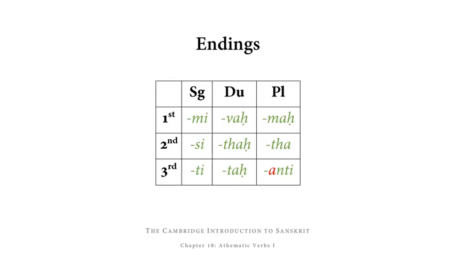So we had āmi, asi, ati, āvaḥ, ataḥ, and so on. Here, we don't have this ā or a, we have just mi, si, ti in the singular, vaḥ, taḥ in the dual, and in the plural we have maḥ, tha, and not what we might expect, nti, but here in the plural we do get an a at the beginning of the ending, and so the third person plural ending is anti.